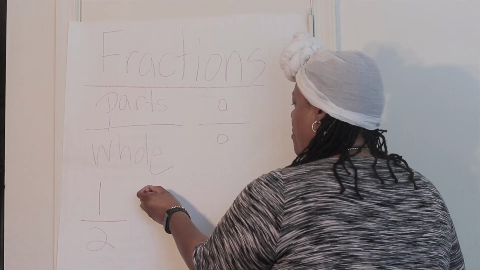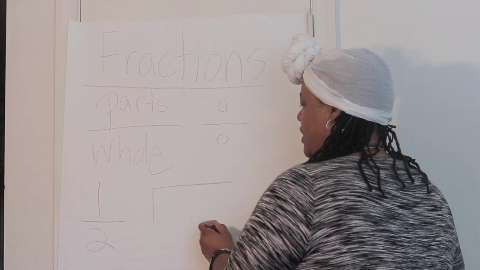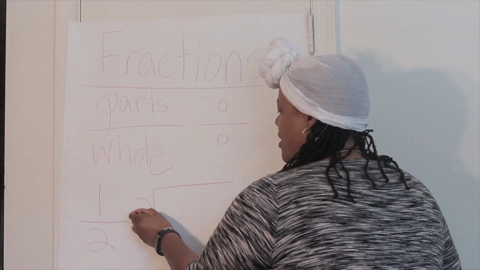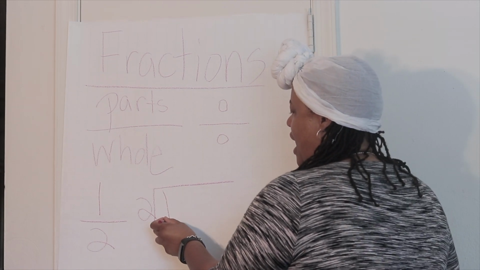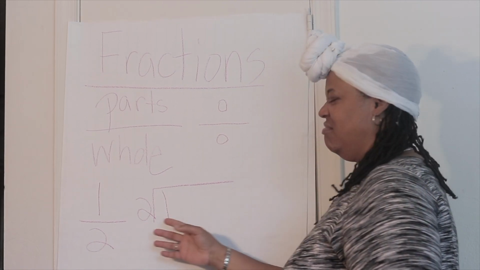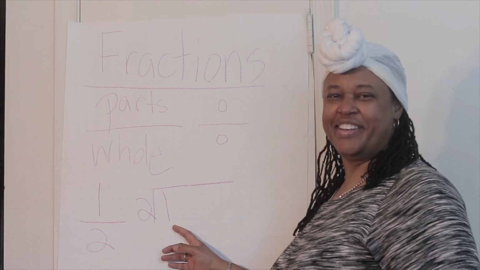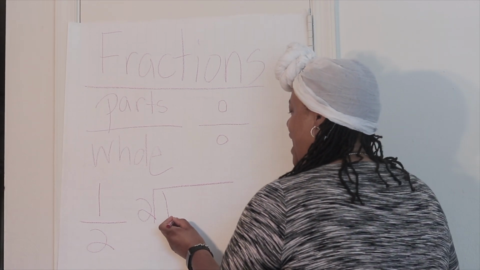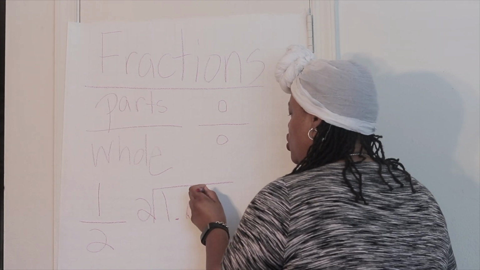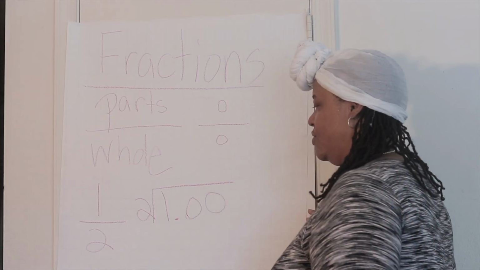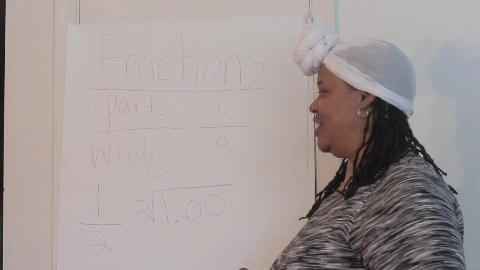So I'm going to draw my division bar, put my denominator outside, and in order to divide it, I will put my numerator inside. But 2 doesn't go into 1, so I have to add a decimal and at least 2 zeros. So let's get started.